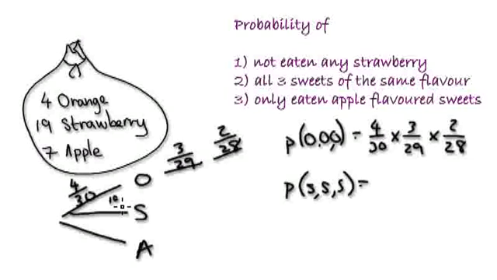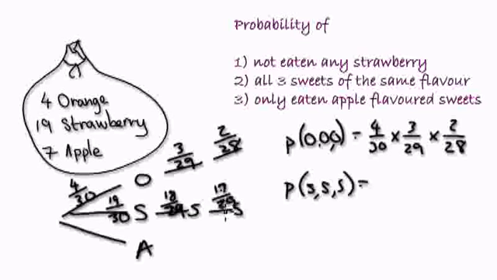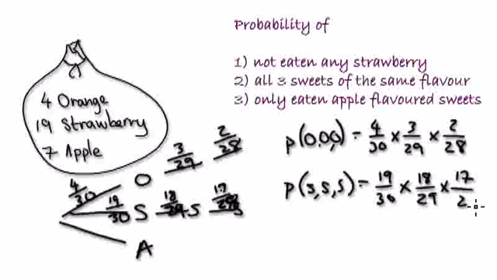Strawberry would be 19 out of 30, and then the probability of getting a strawberry again would be 18 out of 29, and then a strawberry after that would be 17 out of 28. So the probability of strawberry, strawberry, strawberry would be 19 out of 30 times 18 out of 29 times 17 out of 28.